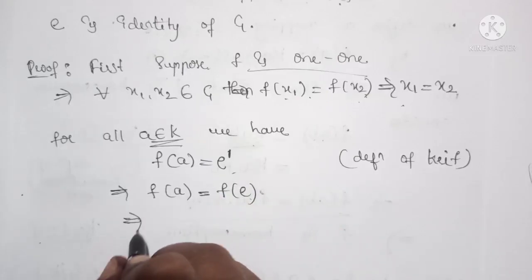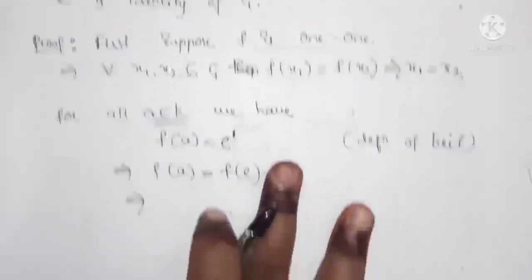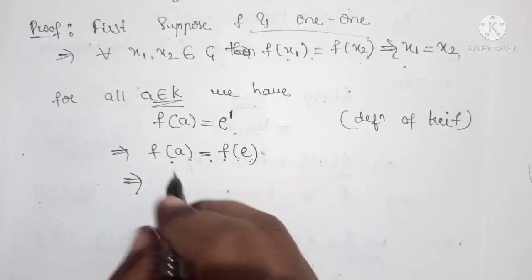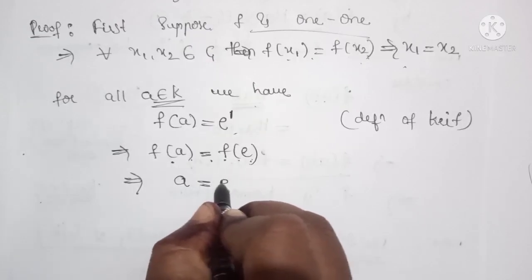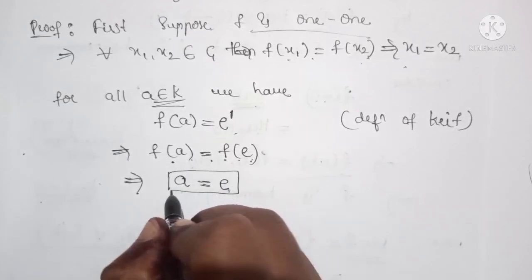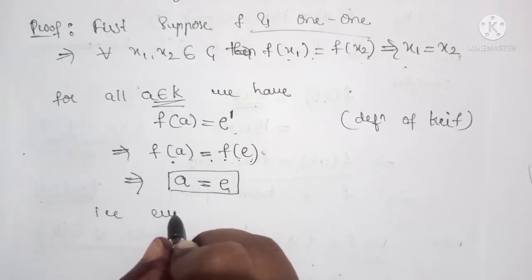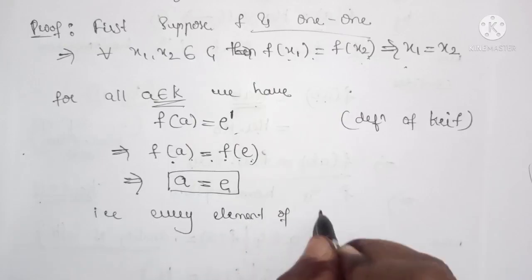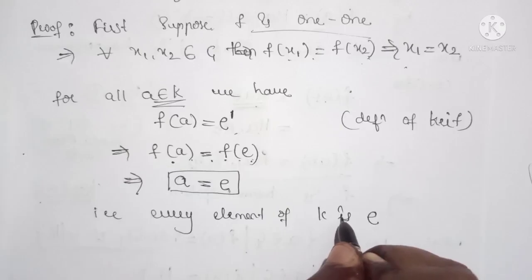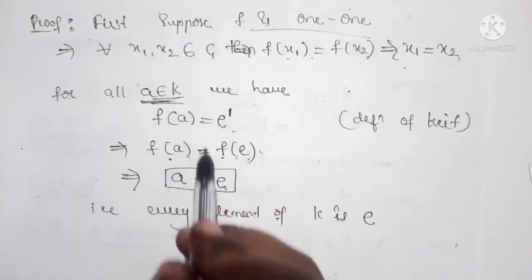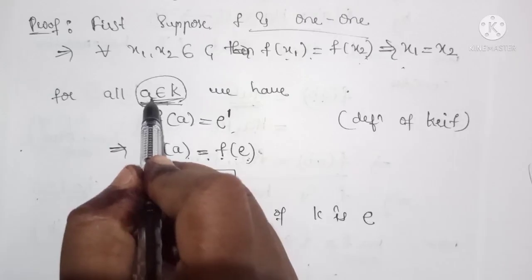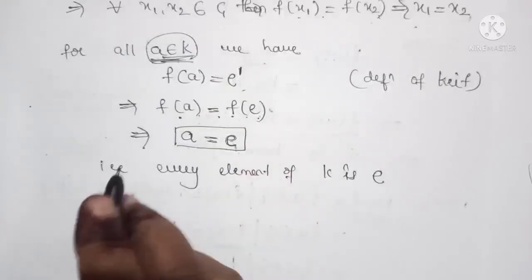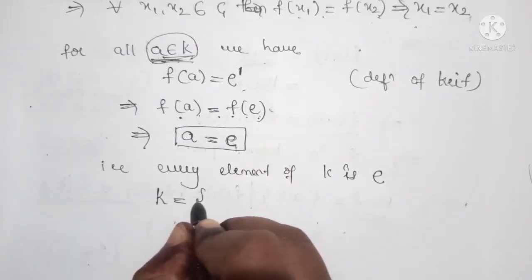Since f is 1-1, f of a equals f of e implies that a equals e. So every element of K is e, for all a belongs to K. That means all the elements of K equal the identity element e. So therefore we can say that K equals e.